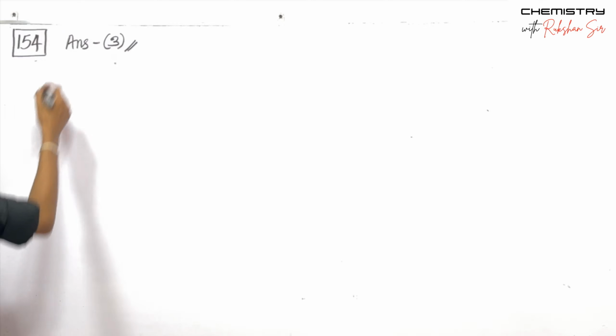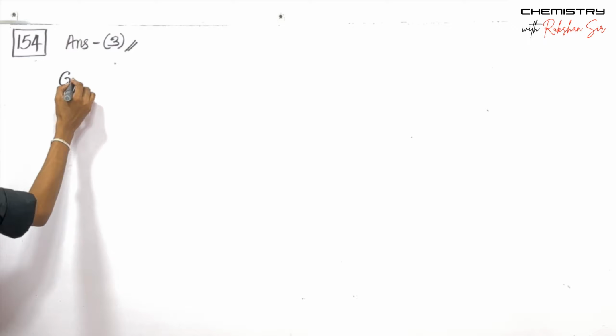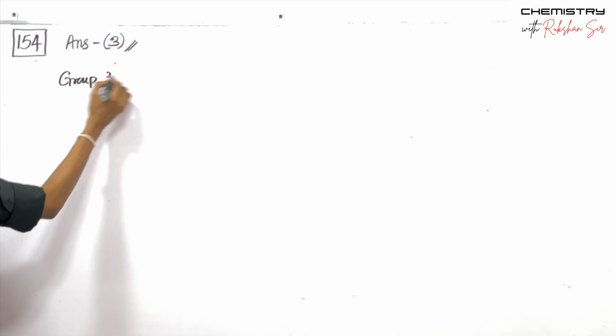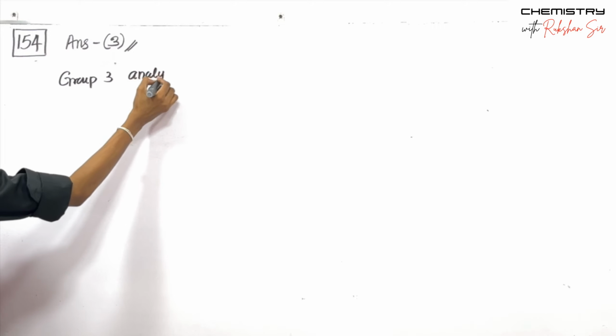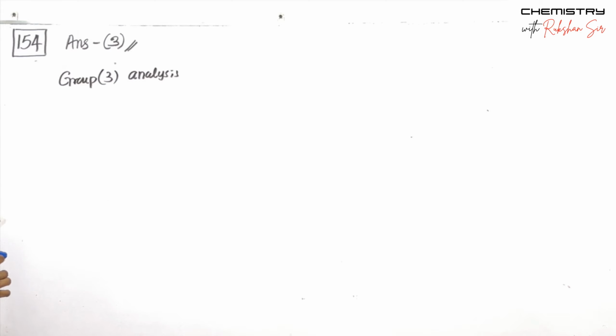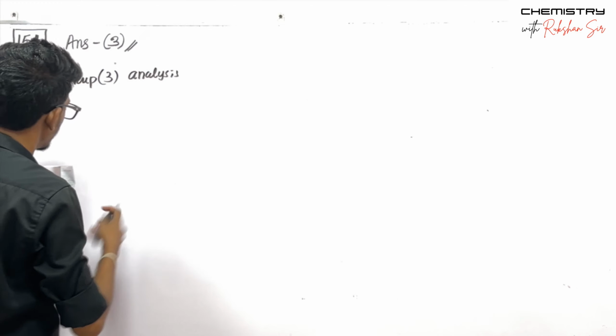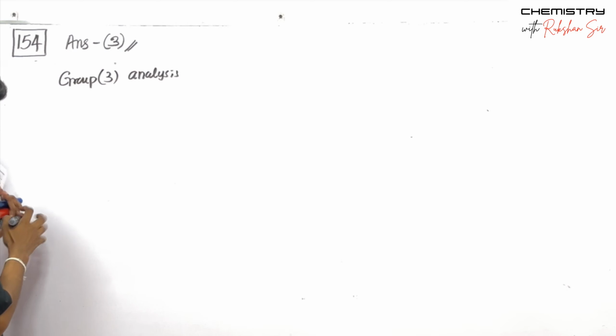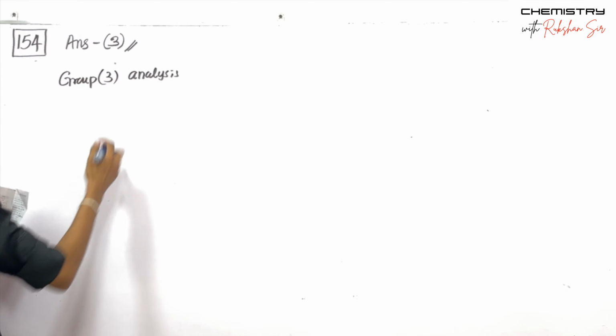Let's think of two situations where you have a 3 plus cation and a 2 plus cation.